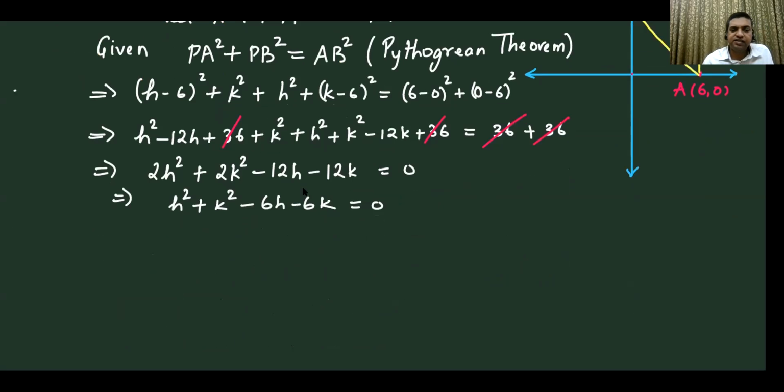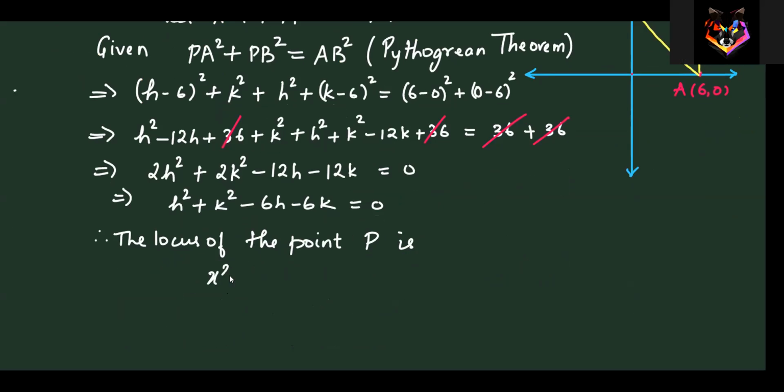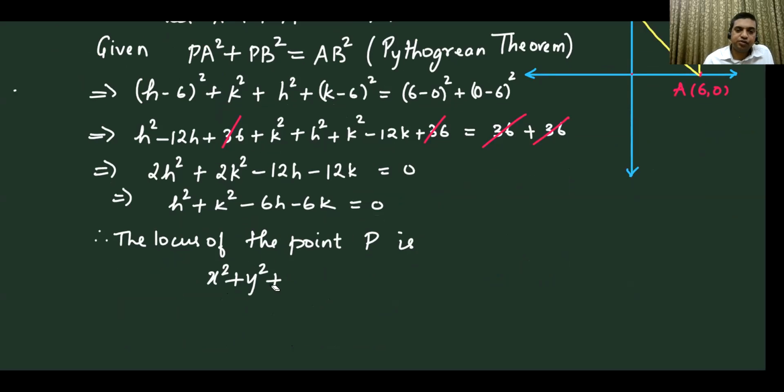Now what is this? Therefore the locus of the point P is a circle, x square plus y square minus 6x minus 6y equal to 0. This is a circle.